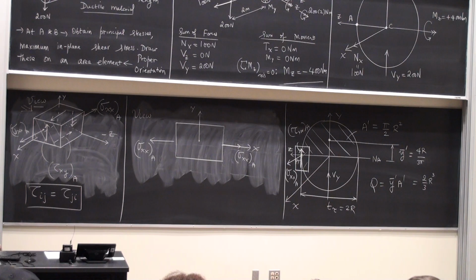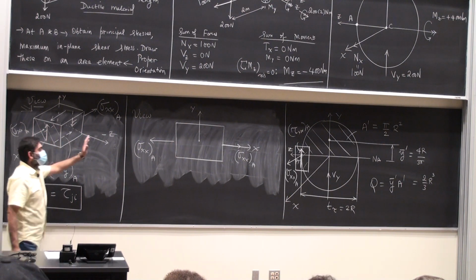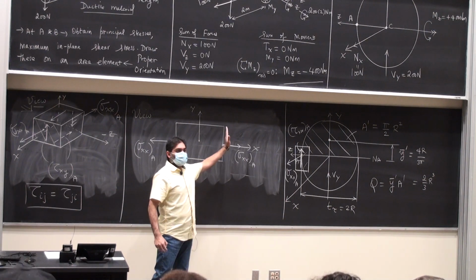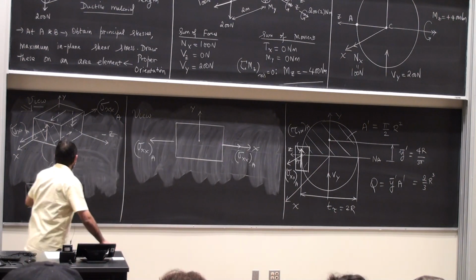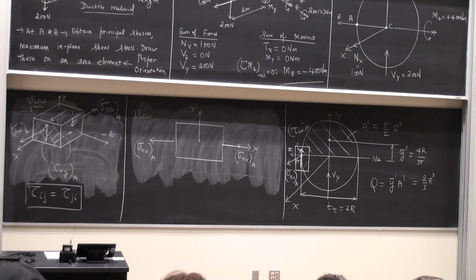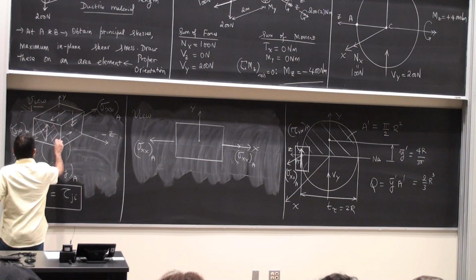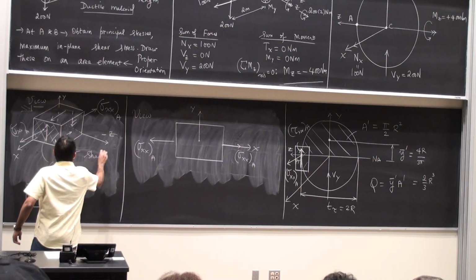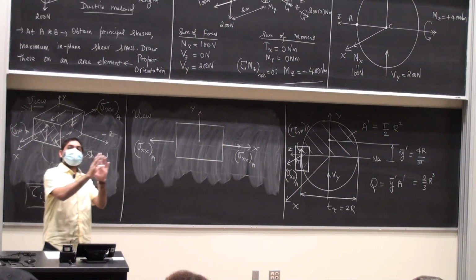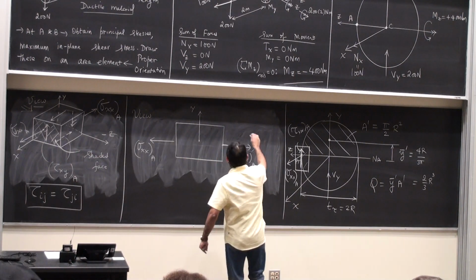Watch this. This face here, which is the shaded face, becomes this side. Okay, so once again, this is the shaded face. And it becomes the side which I am showing now.